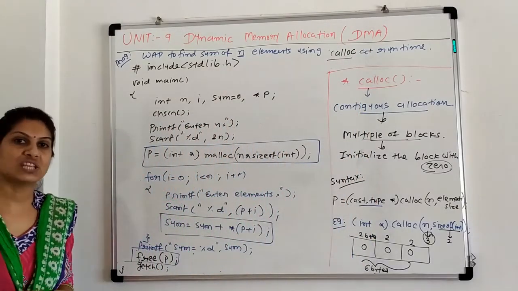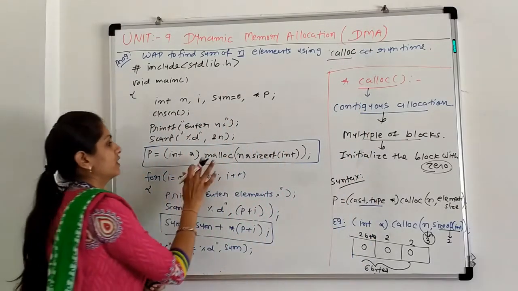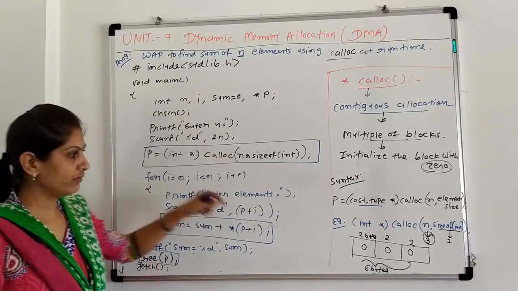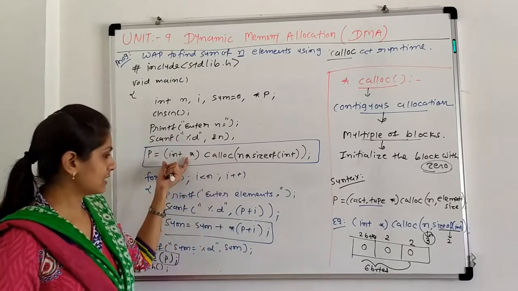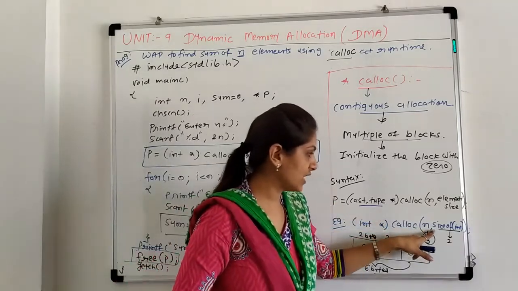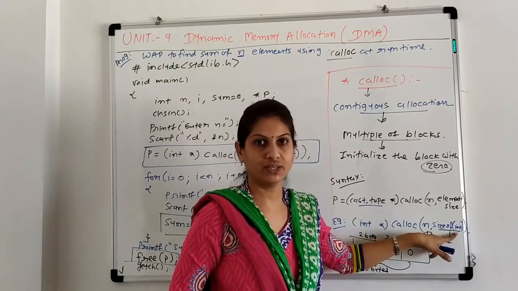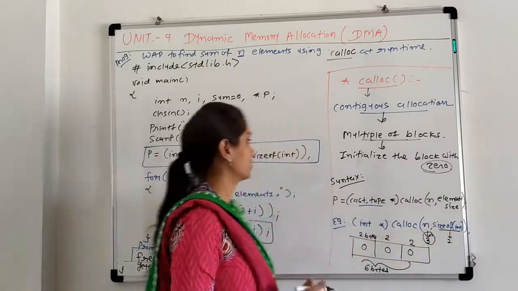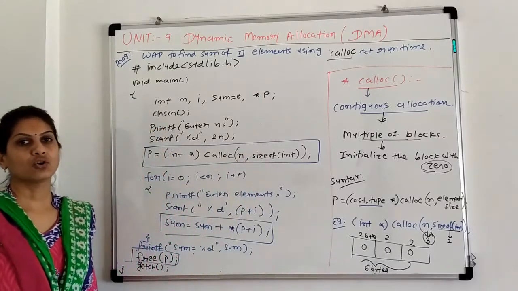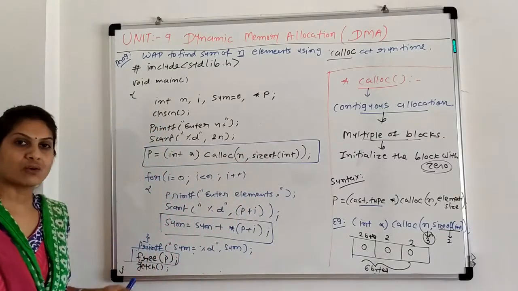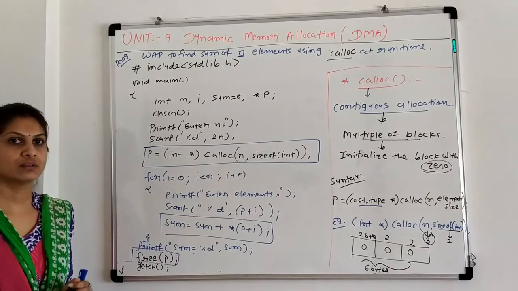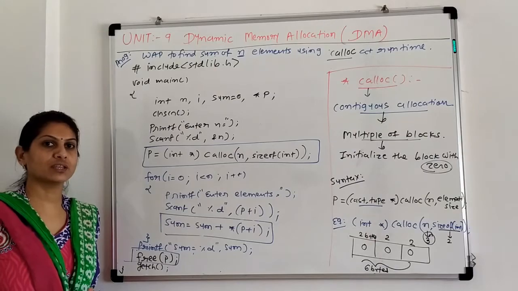So what you have to change? You have to change first the function, that is calloc, because of this syntax. Int star, then function calloc, and then change to n comma size of integer, 2 parameters. So instead of the multiplication here, we have to change it to a comma. So this program is now using the calloc function. First, remember the difference between malloc and calloc.